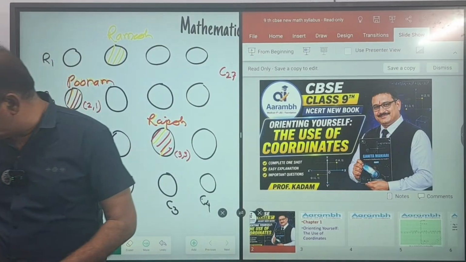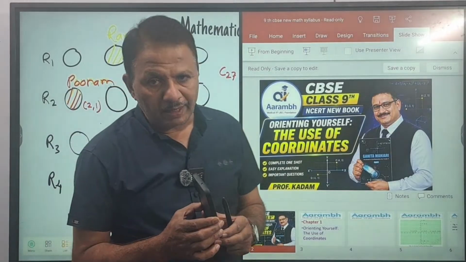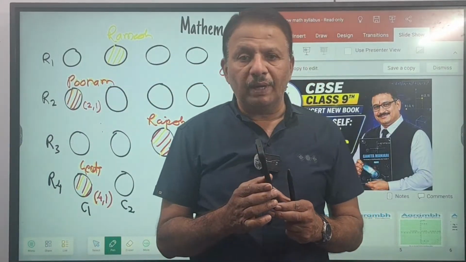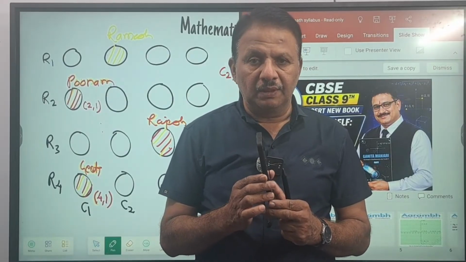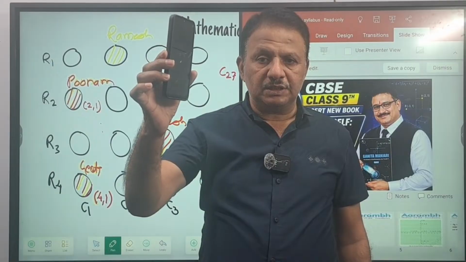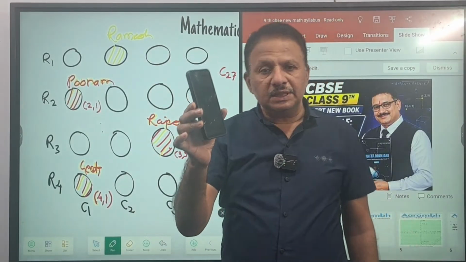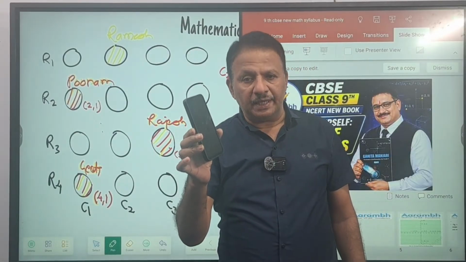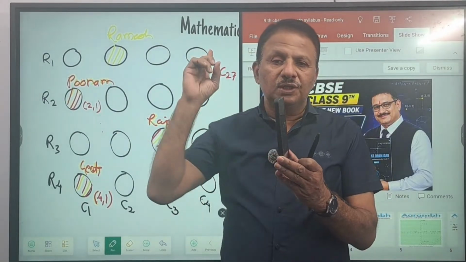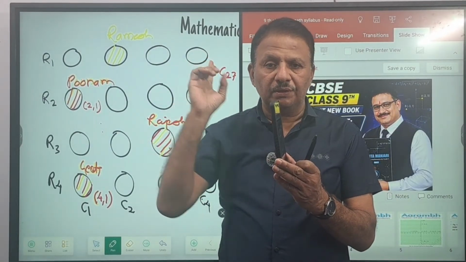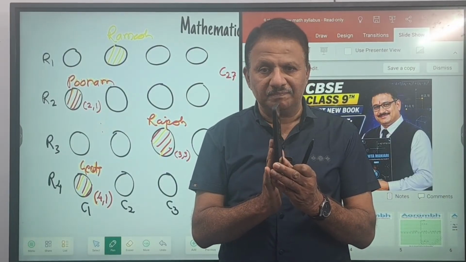Now, suppose there is one example. Suppose there is a mobile, and this mobile is not placed on any plane. It is in space, for example. As this mobile does not lie on any plane, this two-dimensional geometry fails to find the location of this mobile.